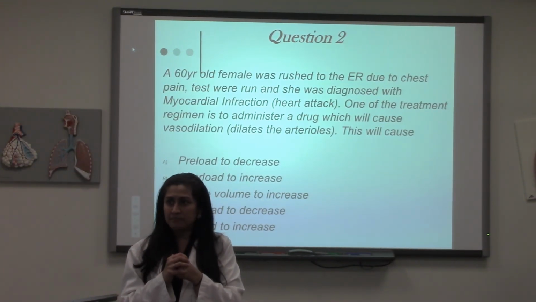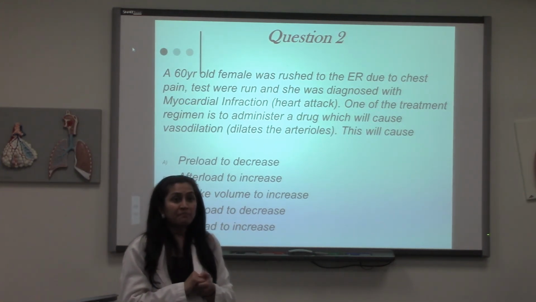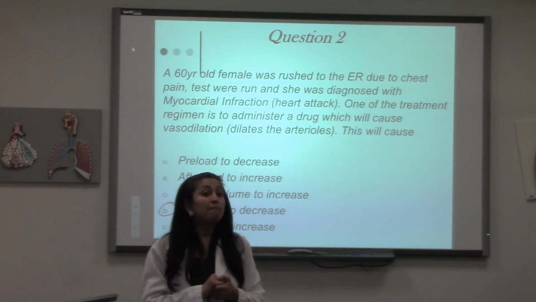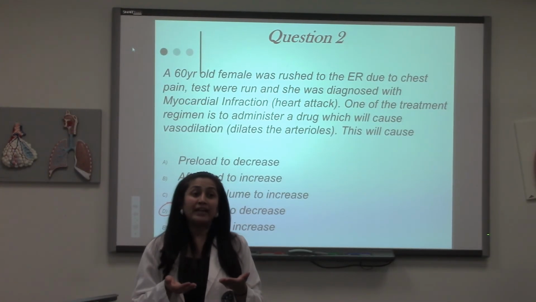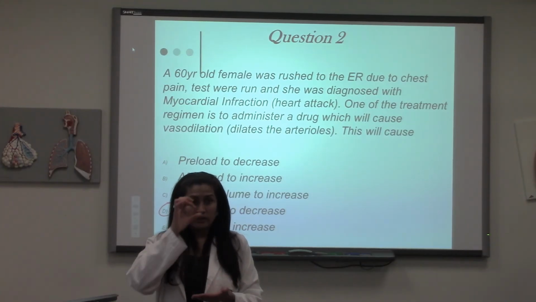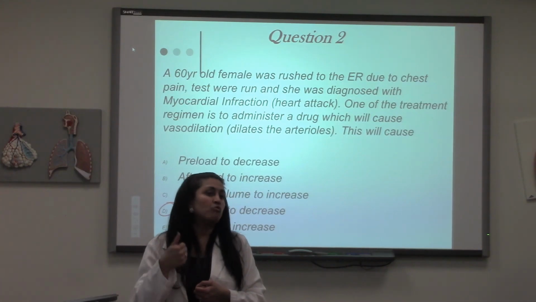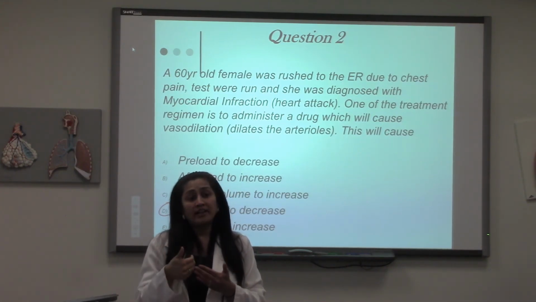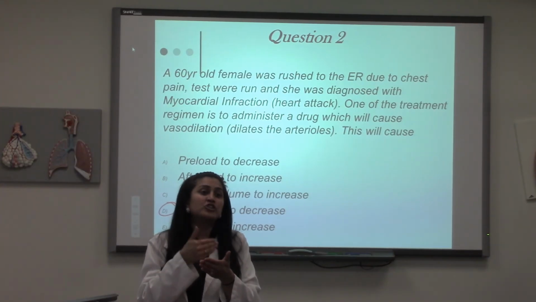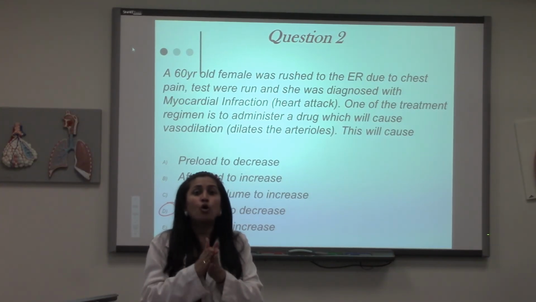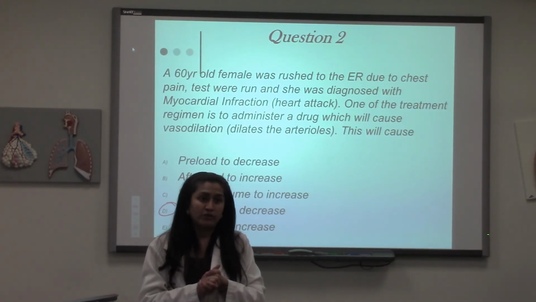Does that make sense? If it was vasoconstriction, it would cause the afterload to increase, because vasoconstriction would cause your blood pressure to go up. So instead of 120, it would become 130, and now your heart has to generate 131 millimeters of mercury to open up the aortic valve. Therefore your afterload would increase.